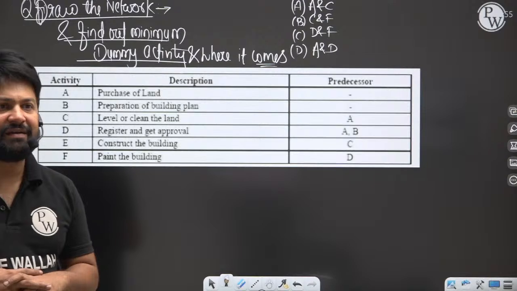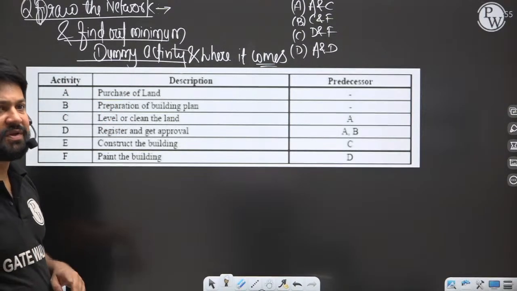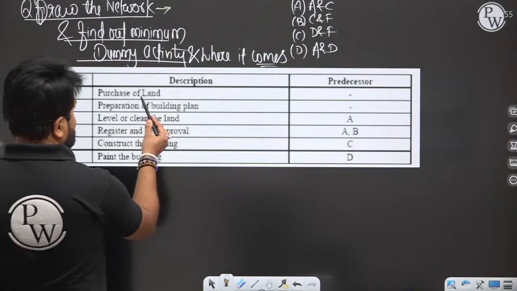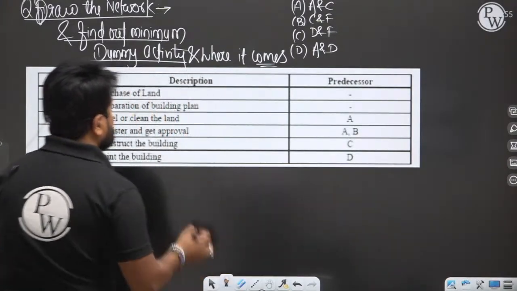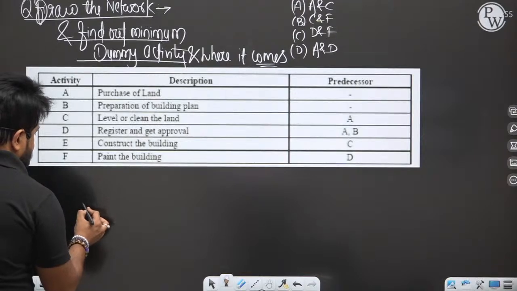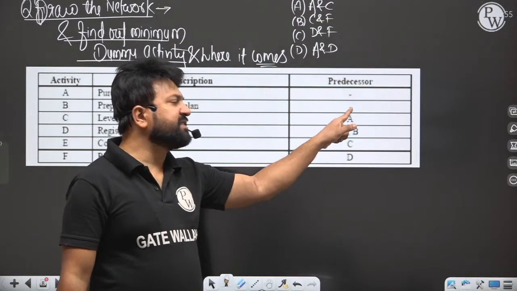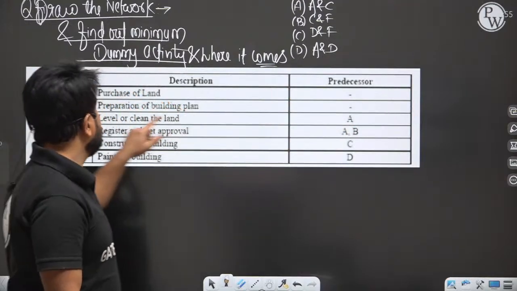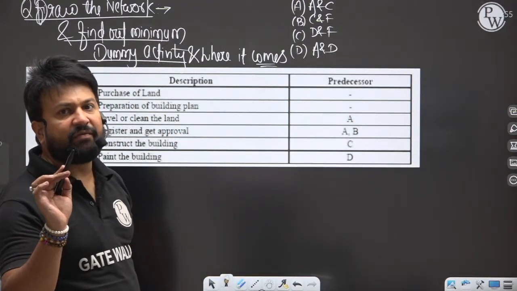I will solve. Right, now I am going to solve this question. See here. A and B. So activity A and B have no preceder. So the starting event will be the same.